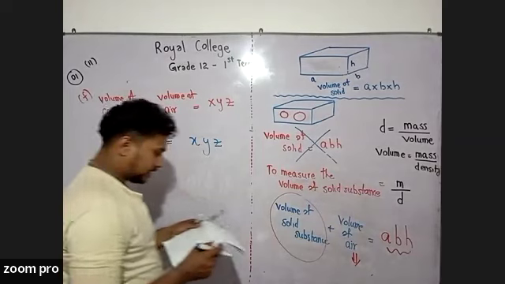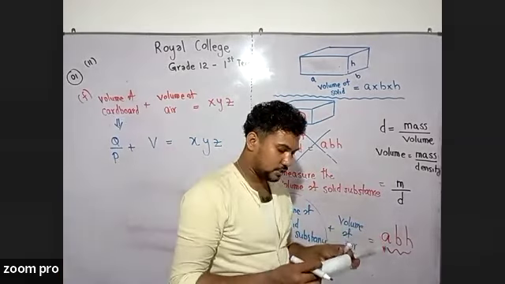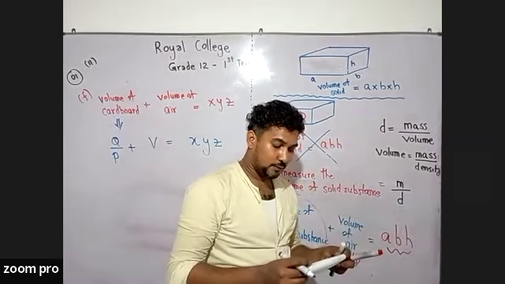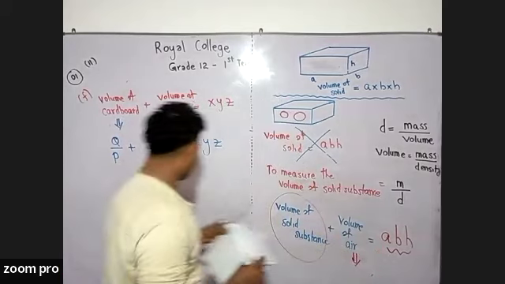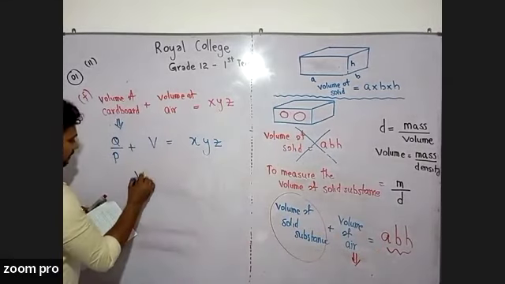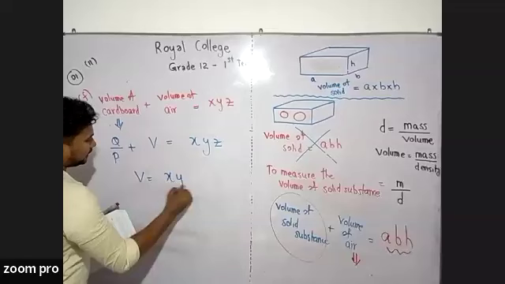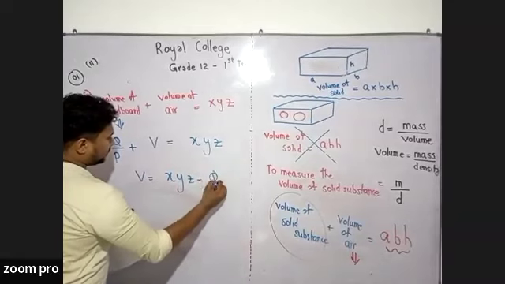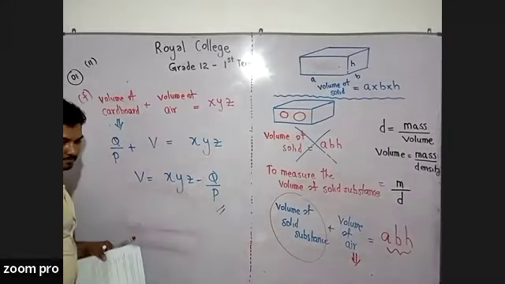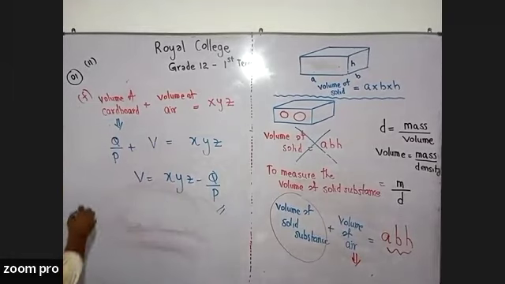I think they are asking for the expression for the volume of air, V. Then it should be x y z minus Q over P.